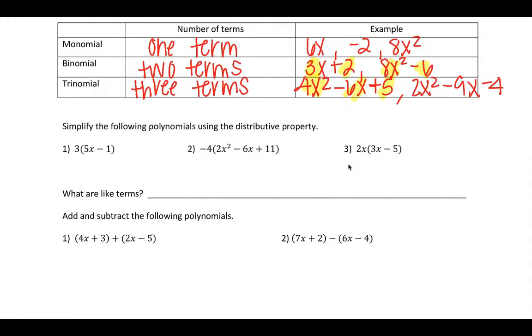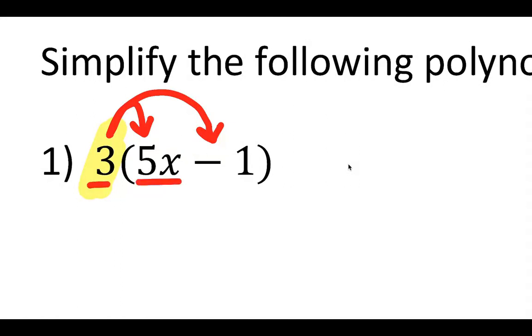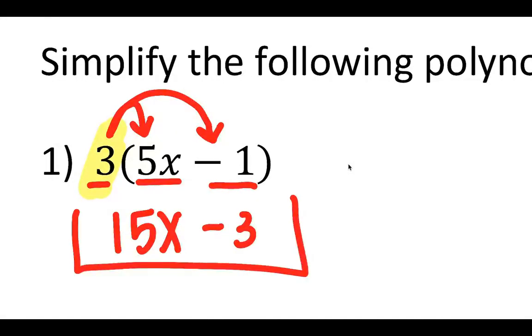Okay. This says simplify the following polynomials using the distributive property. So remember, anytime I have something on the outside, that number has to get multiplied by everything on the inside. So I've got 3 times 5x, which is 15x, and 3 times negative 1, which is negative 3.